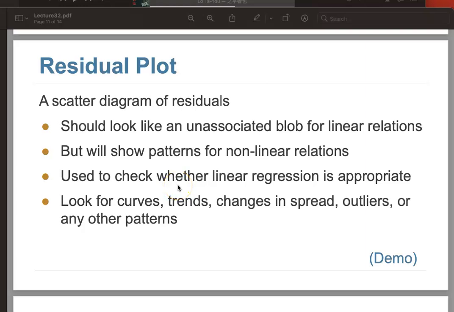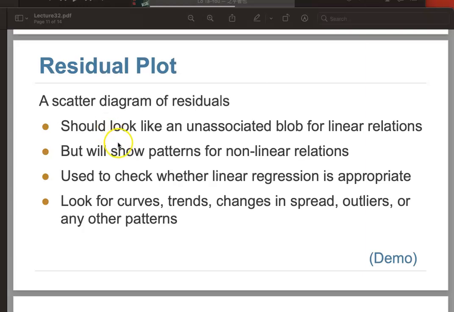If it is a good representation, your residuals still have an average of 0. They may have positive and negative values, but from the scatter plot we shouldn't find any association. That's why we say they should look like an unassociated blob.